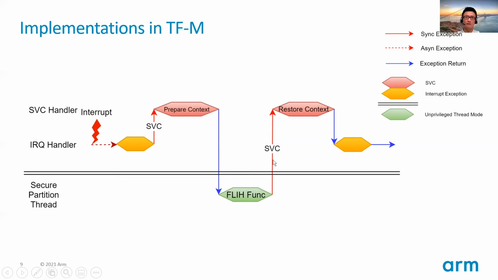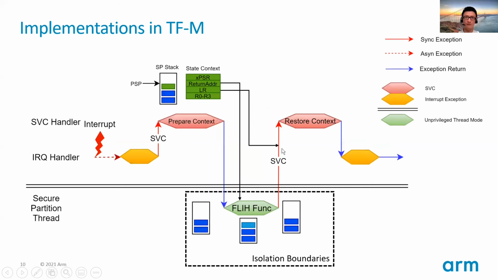Of course, after the FLIH function, when you need to go back to the interrupt handler part, I mean here where the first SVC is called, you need to call another SVC to do the reverse work for the first SVC.